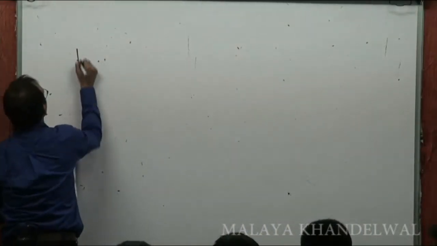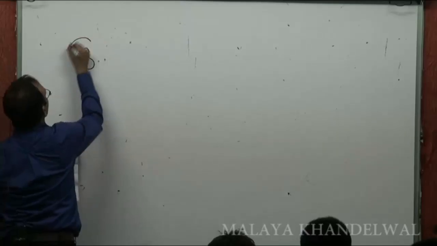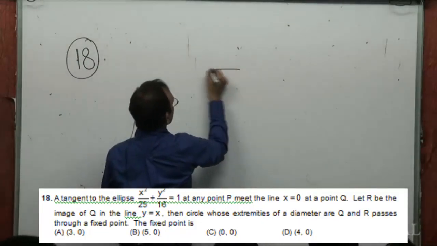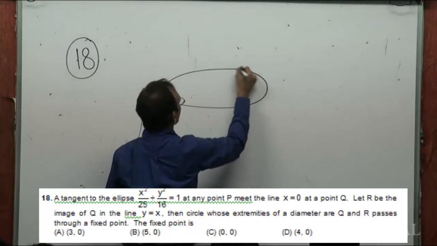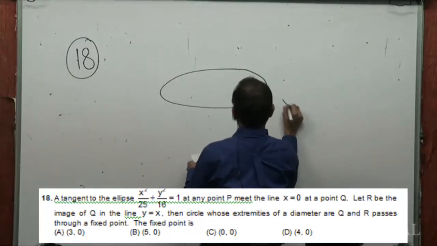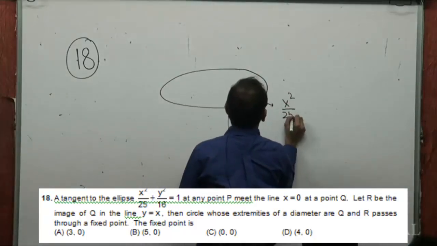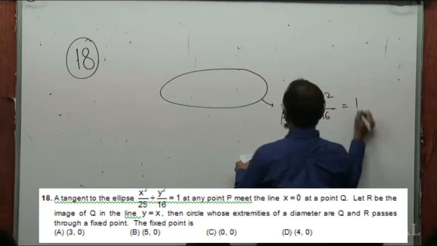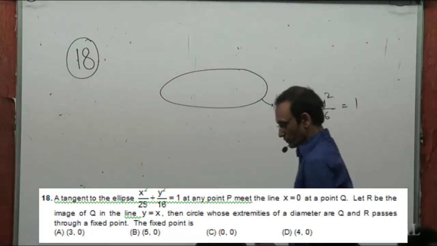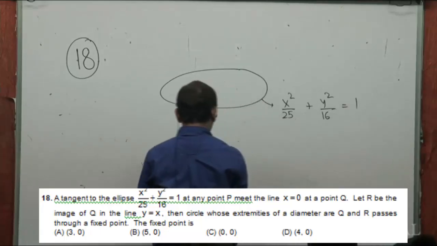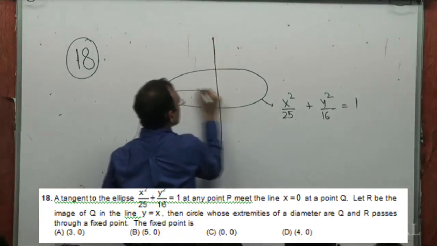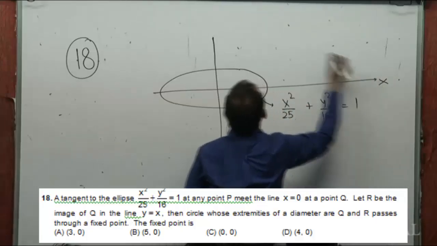Number 18. There is an ellipse x squared by 25 plus y squared by 16 equal to 1. There is the y-axis and the x-axis.